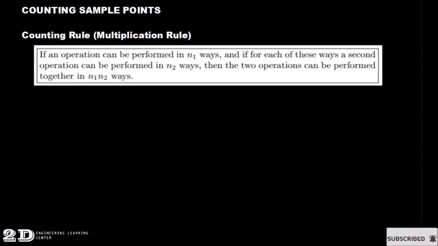Okay, so this rule basically means that, for example, if we have a certain set of sample points, we will call it n sub 1. Then n sub 1 has its own number of outcomes. For example, this is color, so three colors: red, blue, white.